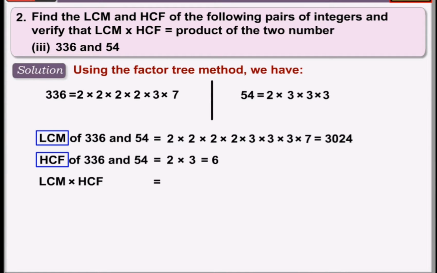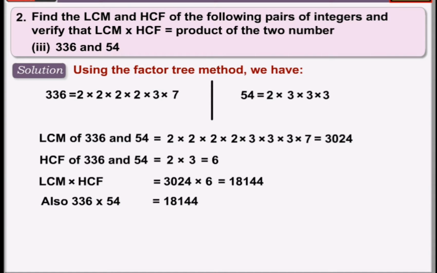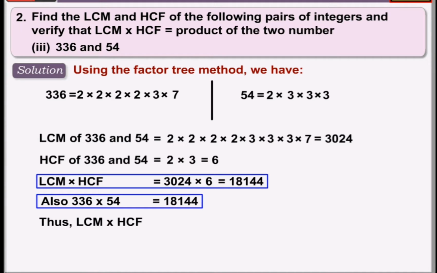LCM into HCF is equal to 3024 into 6, that is 18,144. Also, 336 into 54 is equal to 18,144. Thus, LCM into HCF is equal to product of the numbers.